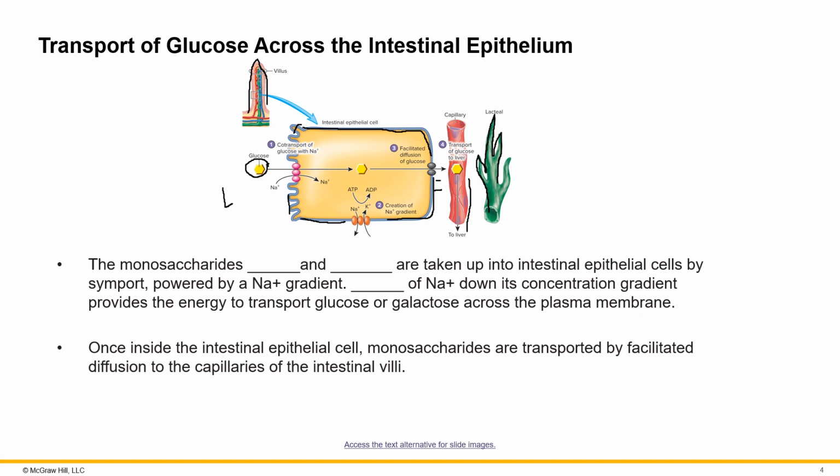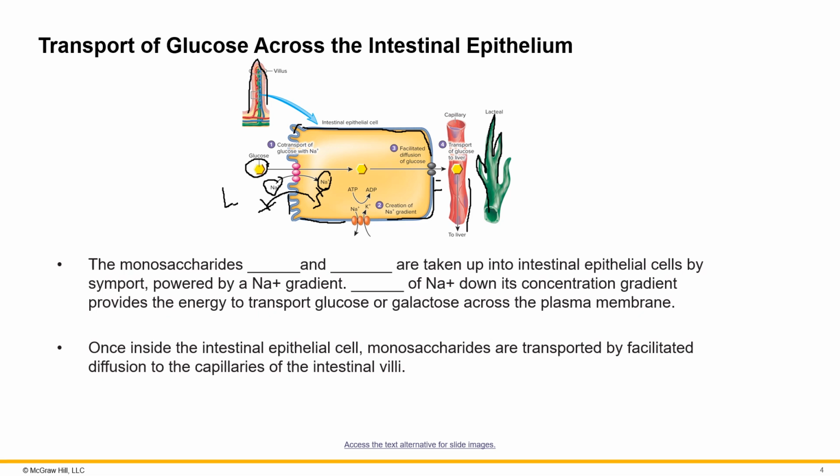Here you have a monomer, glucose, which is currently in the intestinal lumen. Glucose is co-transported, which is symported, along with sodium. There's a greater concentration of sodium in the lumen, there's a lesser concentration of sodium in the cell. So sodium diffuses from an area of high concentration to an area of low concentration, which is inside the cell.